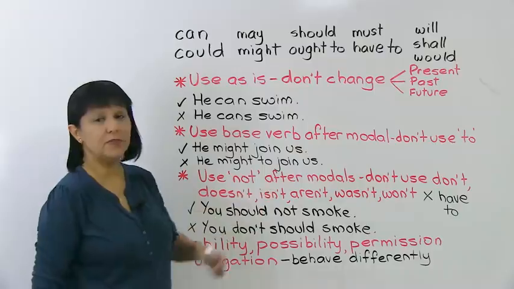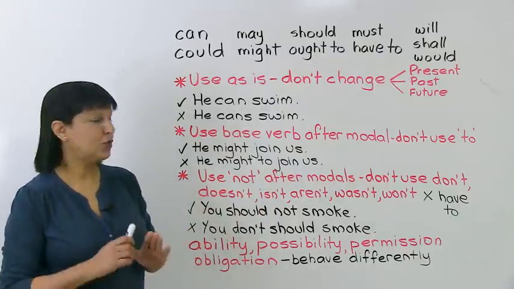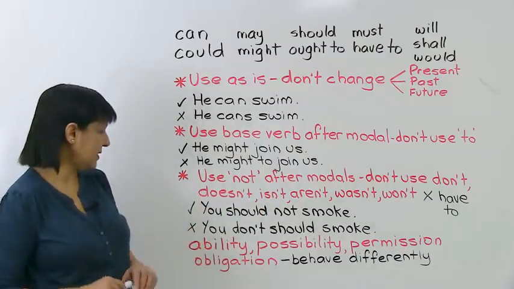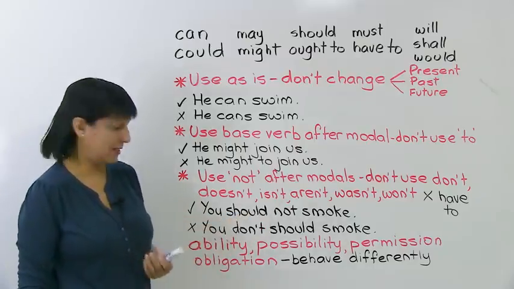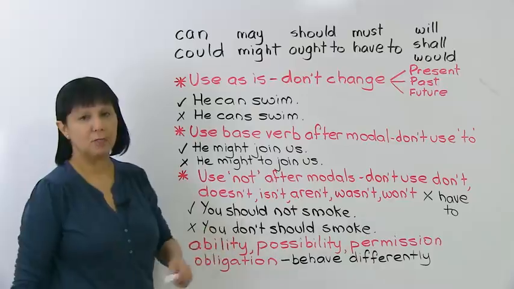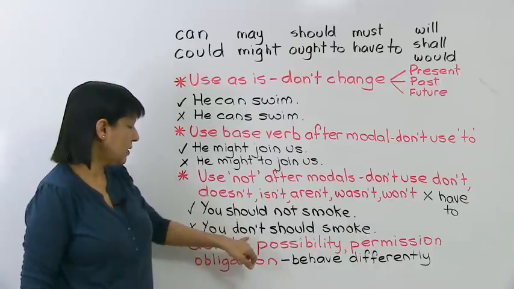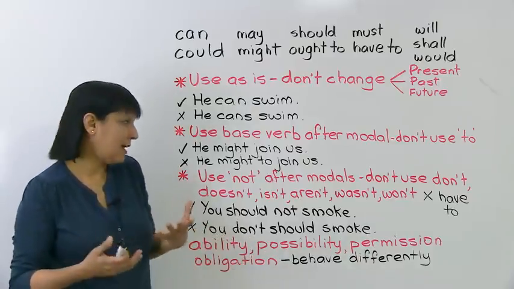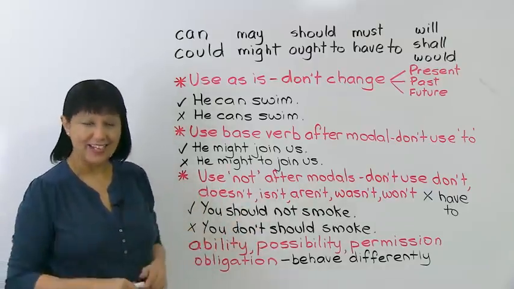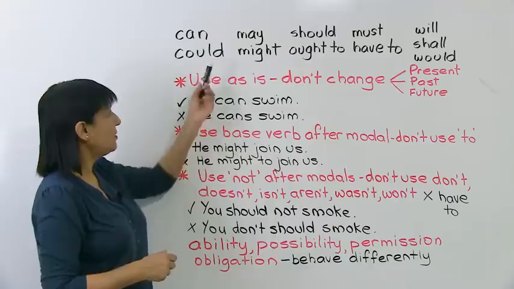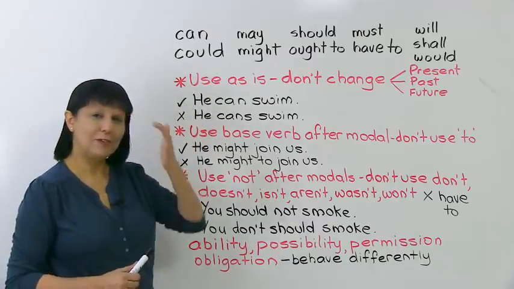So with most of these modal verbs, just say not. For example, you should not smoke. Not, you don't should smoke, all right? So here the student knows and learned all these lovely words, don't, doesn't, isn't, aren't, all that, and tries to use them when using the modal verb, but that's wrong, okay?